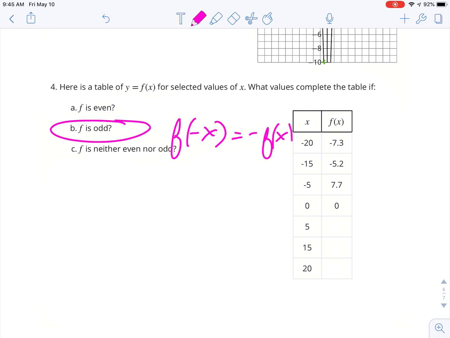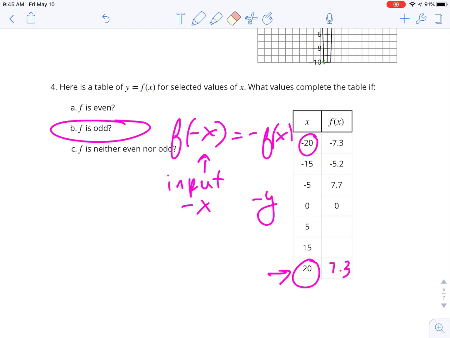That means that plugging in an input of -x is going to give you a -y. Here I have -20, and I have 20 here. So negative 20 goes with negative 7.3. So that means positive 20 is going to be positive 7.3.